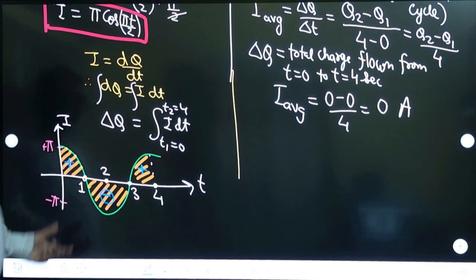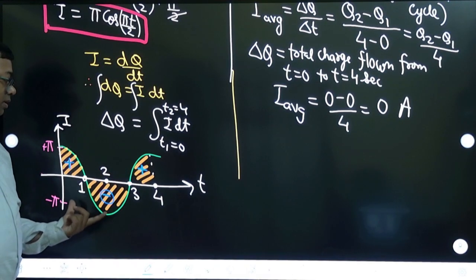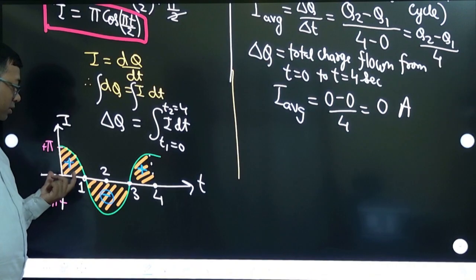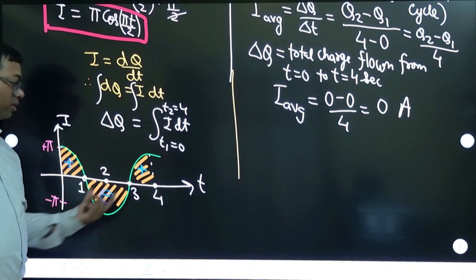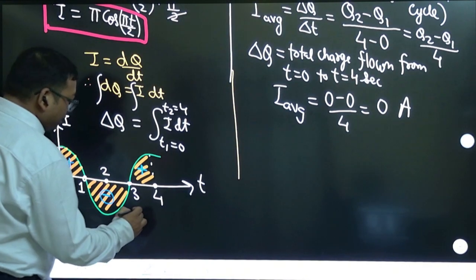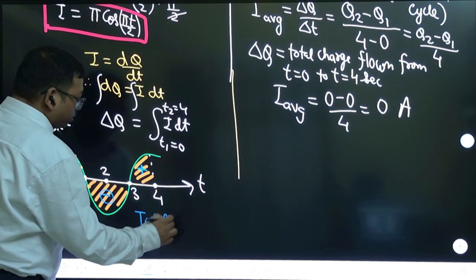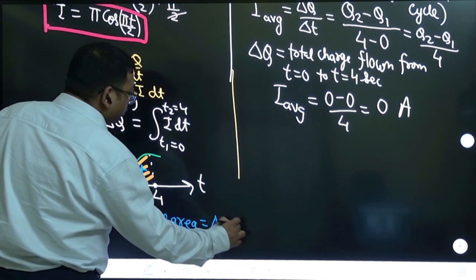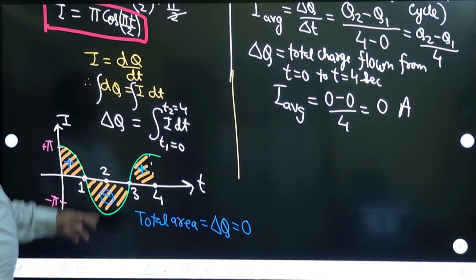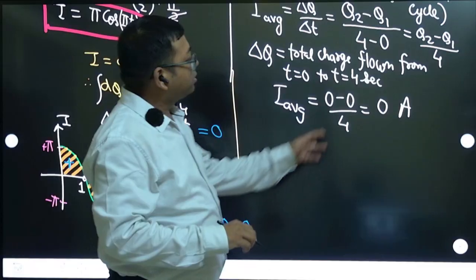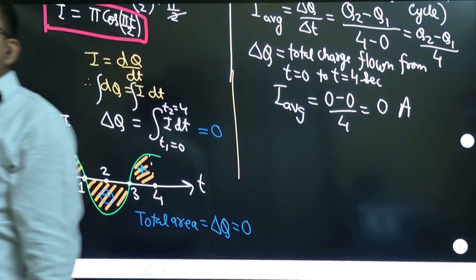Equal amounts of positive and negative areas will cancel out when you add them. So that is why the total area is 0. The total area, which represents delta Q, is going to be 0. That is how delta Q has become 0 here, right? That's the idea. Clear?